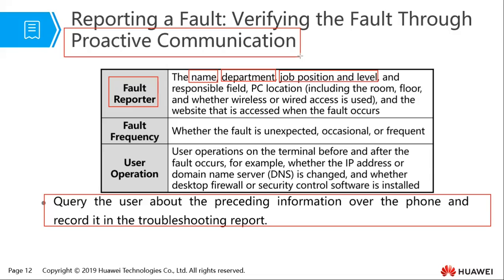But from their job position and level, you might be able to know whether they are allowed in the first place to access that server or not. So that's why you need to collect such information, the responsible field, the PC location, including the room, floor, and whether they're using wireless or wired access, etc. Other than that, you might also need to find out the website that they accessed when that particular fault occurred.